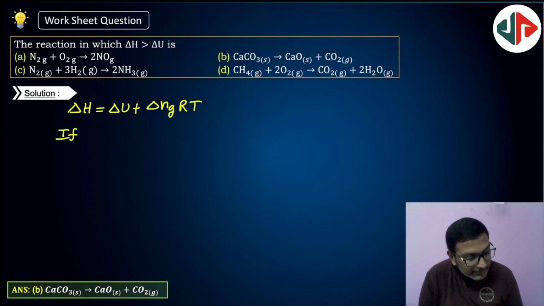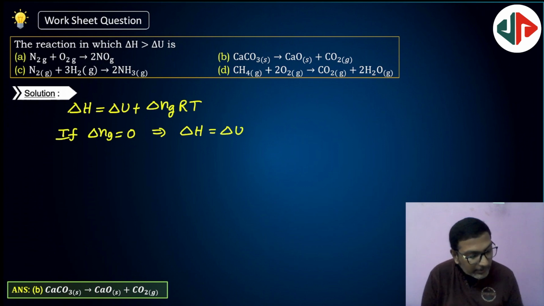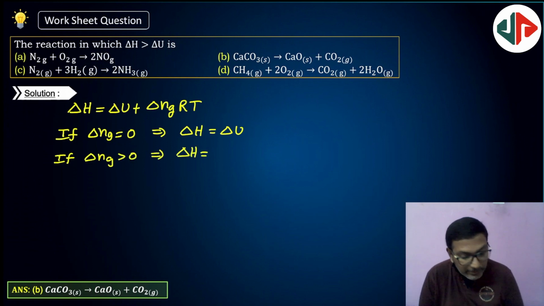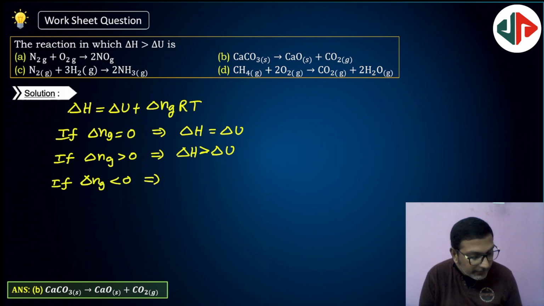So if delta Ng equal to 0 implies delta H equal to delta U. If delta Ng greater than 0, delta H greater than delta U. If delta Ng less than 0, delta H less than delta U. Remember this.